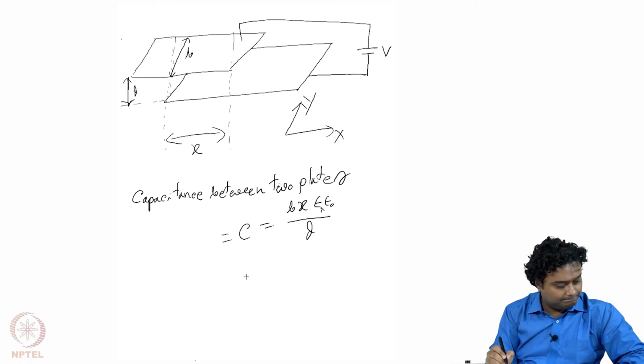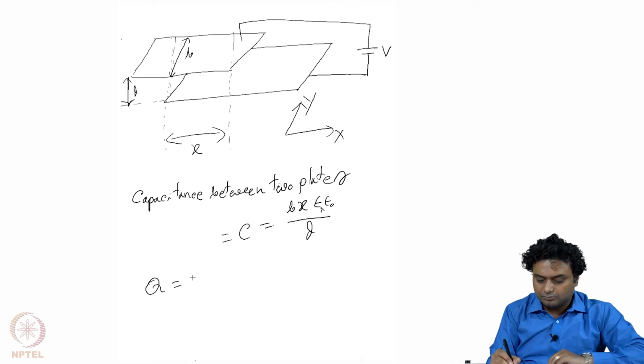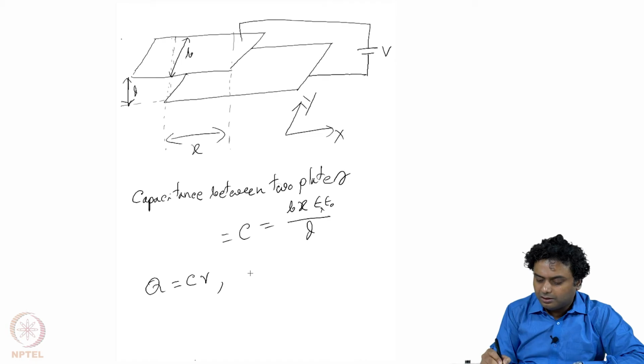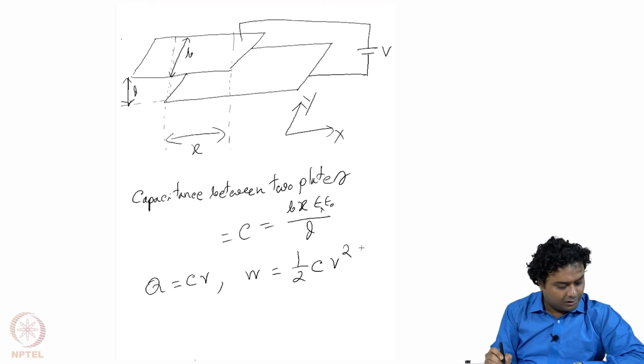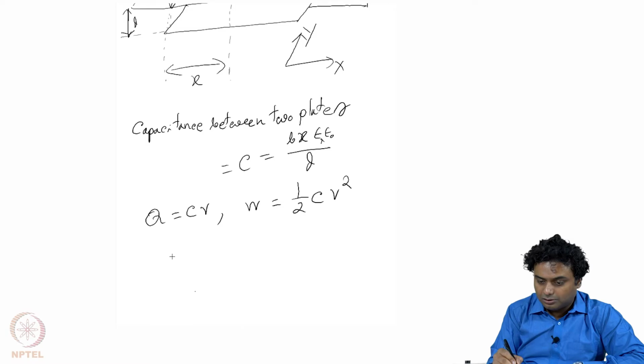Now Q equals C into V, and W is equal to half of C V square, right, and a tangential force, or the force in the x direction, which is the direction of movement also.